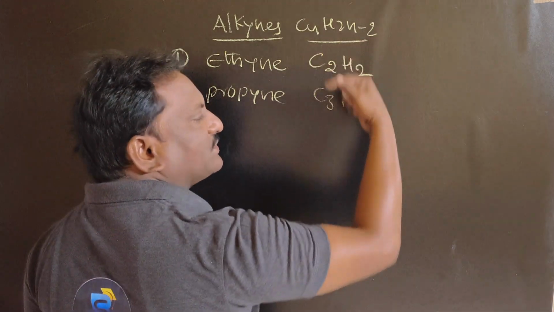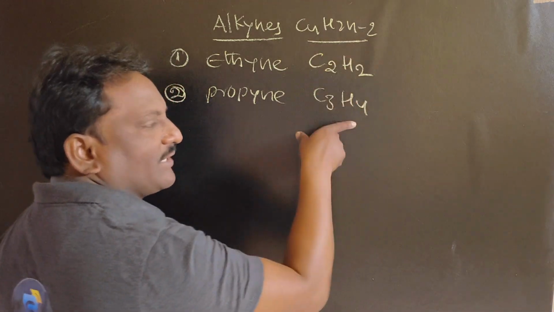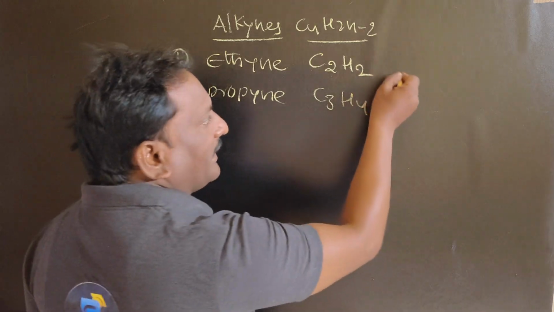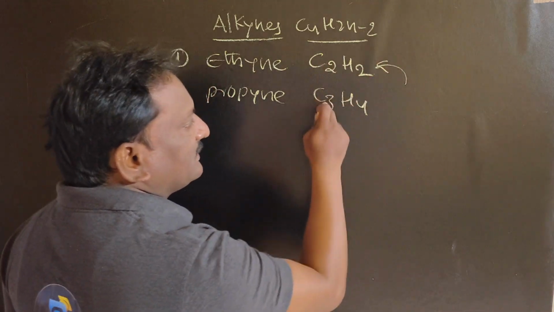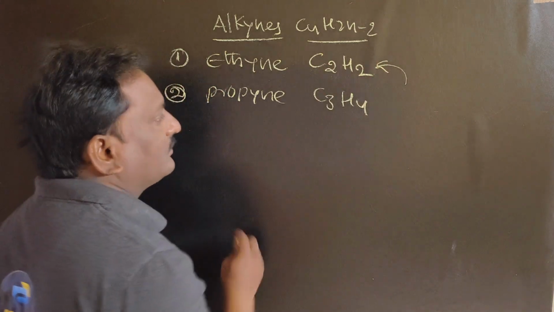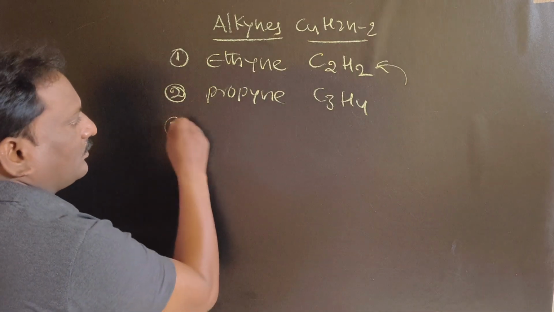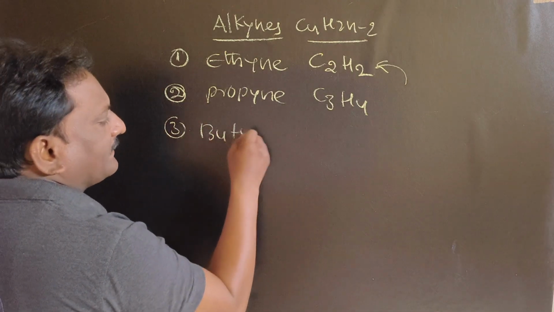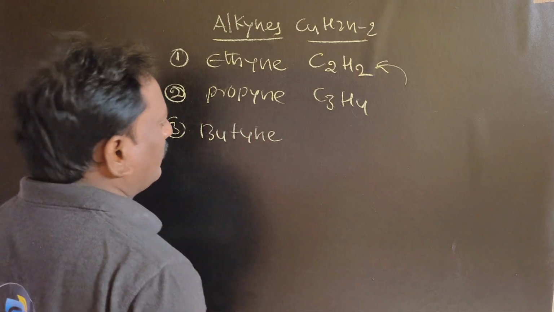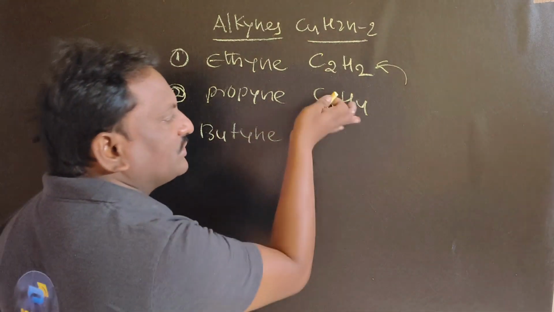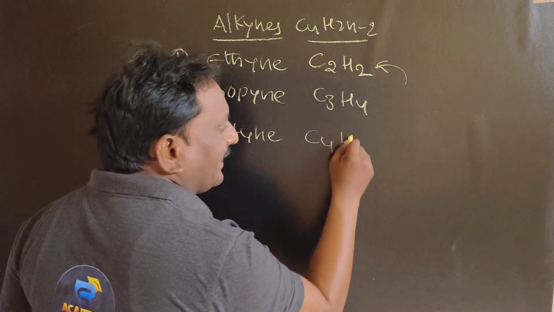Just add CH2 to this compound and you will get the next one. By adding CH2 to C3H4 we get butyne, that is C4H6.